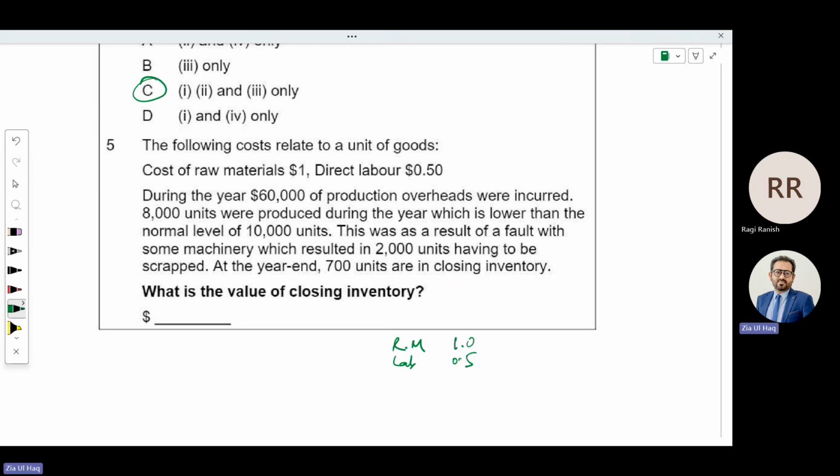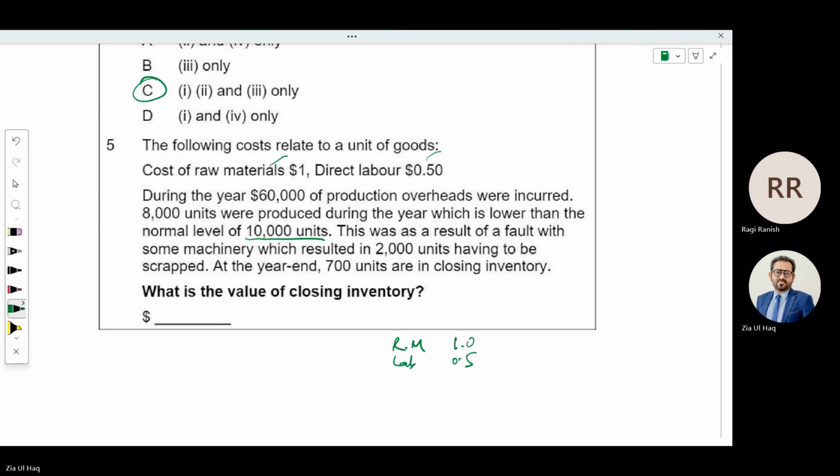Total production overhead 60,000. But we need per unit because we are having this data per unit. 8,000 units were produced during the year, which is lower than the normal level of activity, 10,000 units. And we learned we should use normal activity while calculating production overheads for inventory cost.